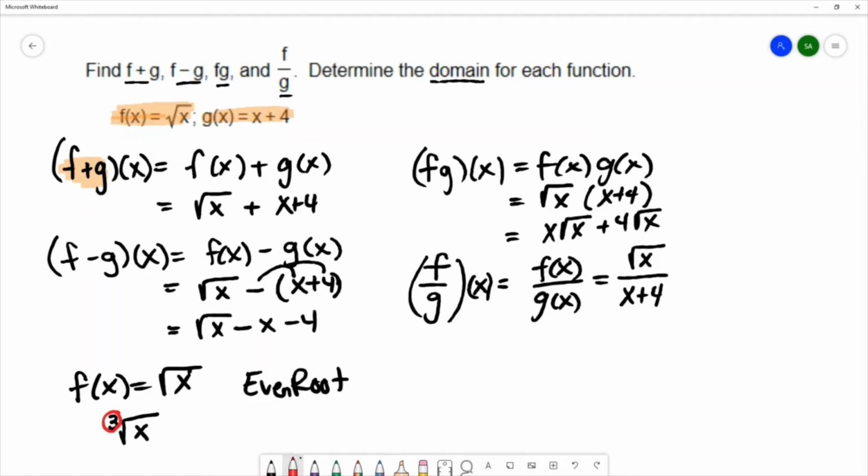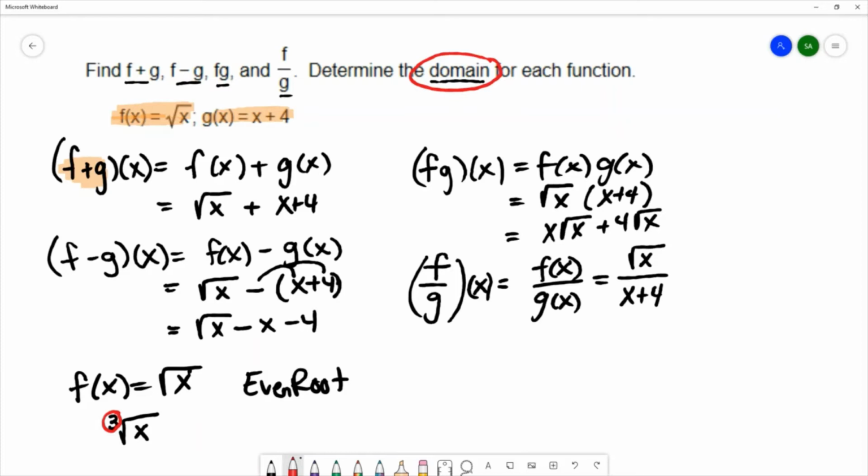Now with even roots, if you take the even root of a negative number, you get an imaginary number. And we only want to deal with real numbers when we're talking about domain. So we want what's underneath the radical to be positive or equal to 0.